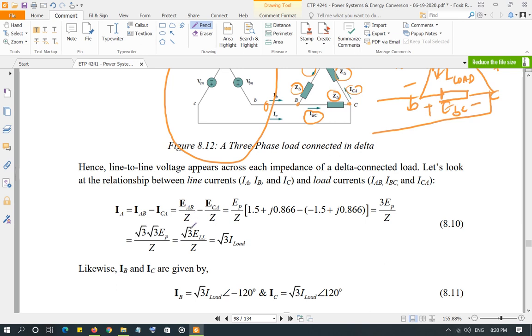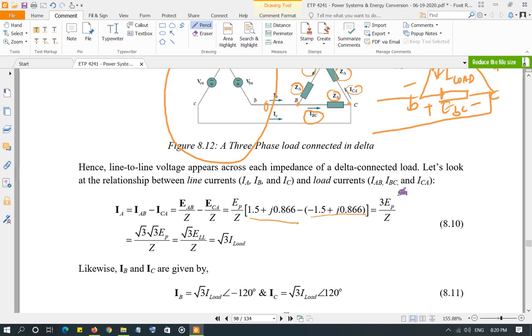IAB is EAB over Z, if the load is Z, minus ECA over Z. And for EAB and ECA, we just figured out the line to line voltage. EAB is square root of 3 times E peak, angle 30. ECA is square root of 3 times E peak, angle 150 degrees. So I converted those polar numbers into corresponding rectangular form.